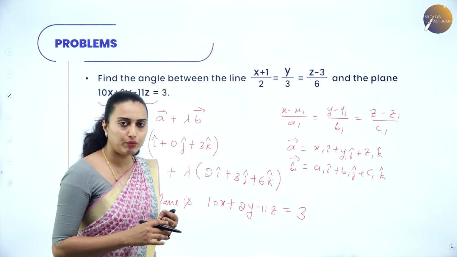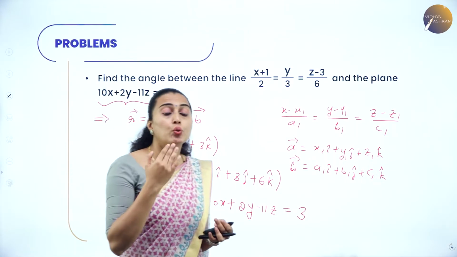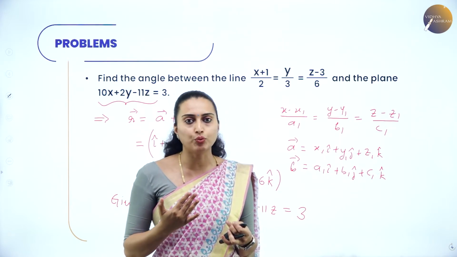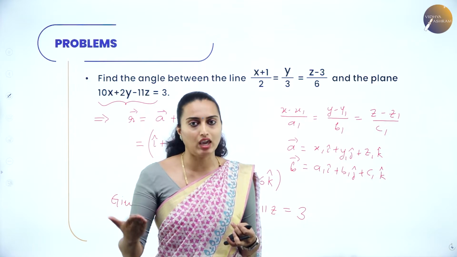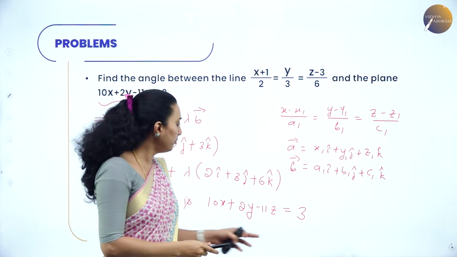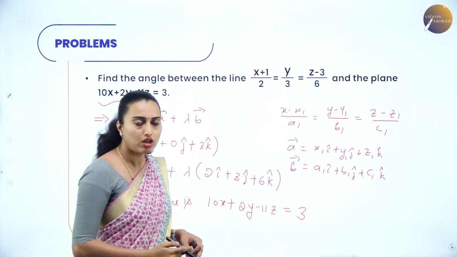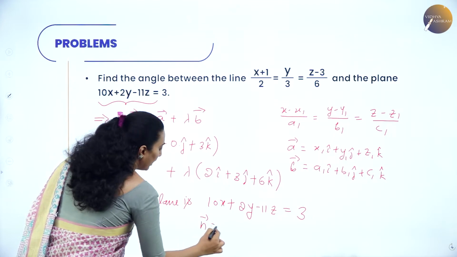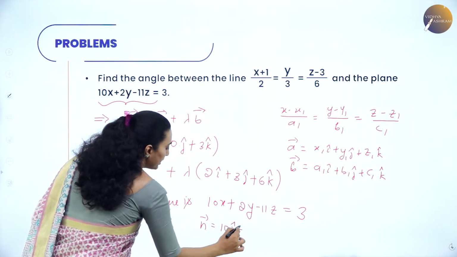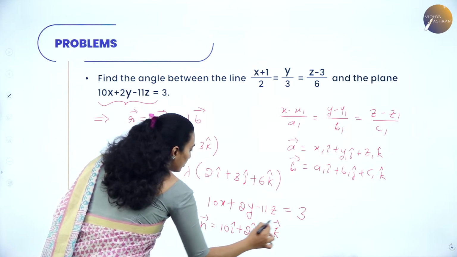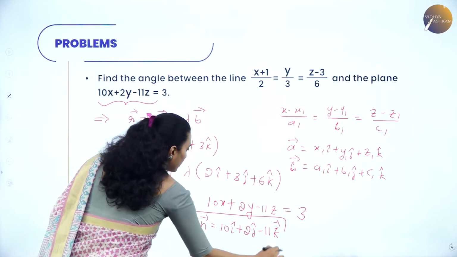Now r dot n vector is equal to d means the coefficients of x, y, z you are going to take as the coefficients of i, j, k, which is nothing but the n vector, and d here is 3. Understood? Now the n vector can be written as 10 into i plus 2 into j minus 11 into k. So this is the n vector.